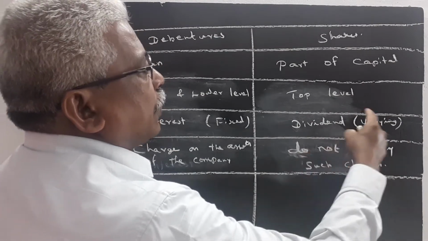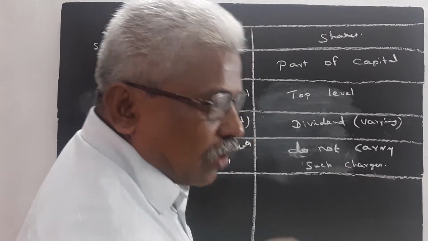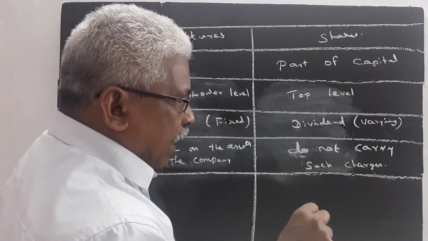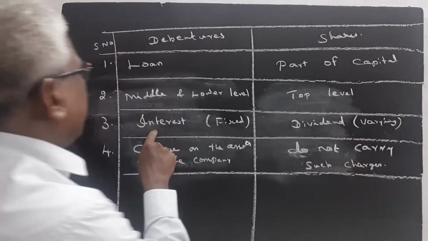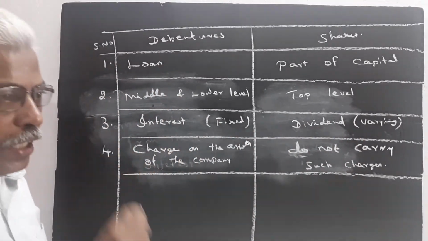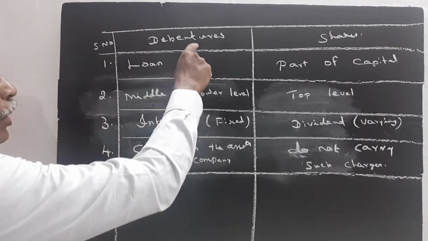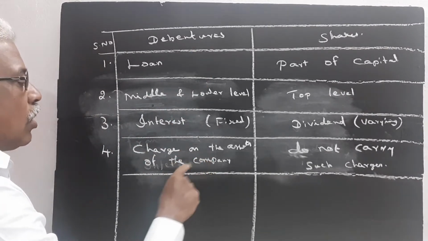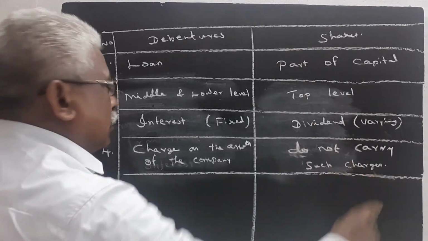The dividend is varying. According to profit earning capacity, the dividend amount may change. But the interest amount is not going to change whether the company earned profit or not. The interest must be paid. Then debentures are normally charged on the assets of the company. Shares do not carry such charges.